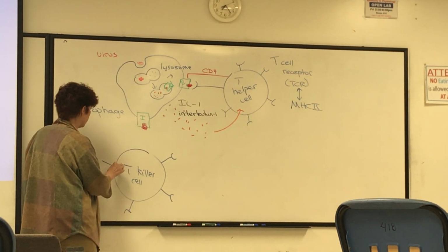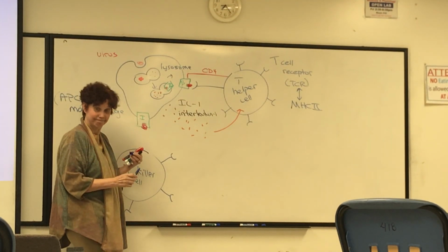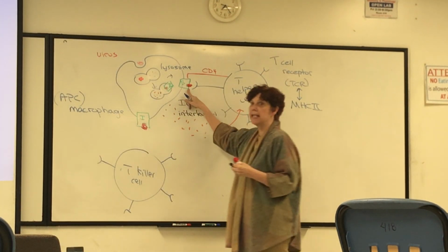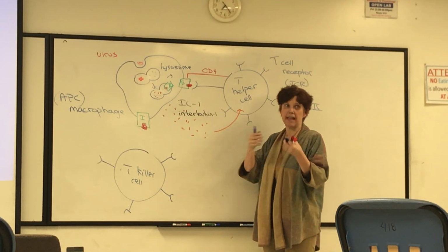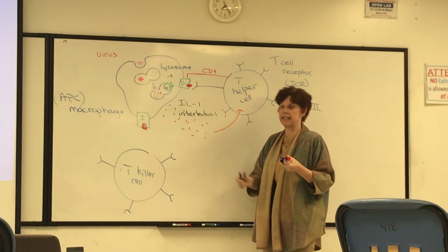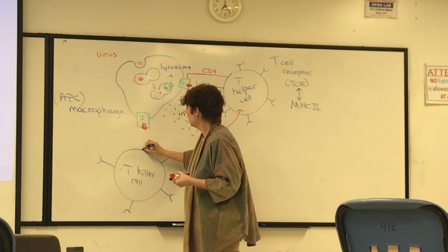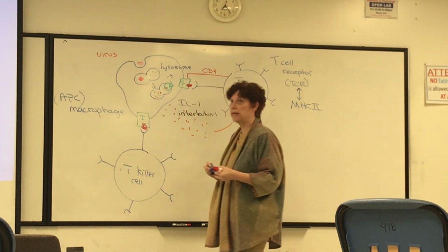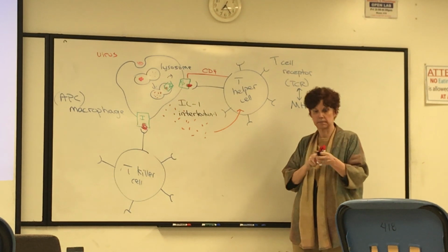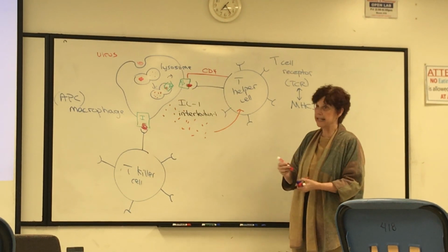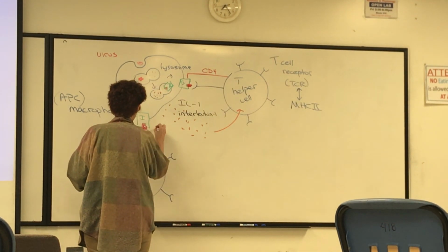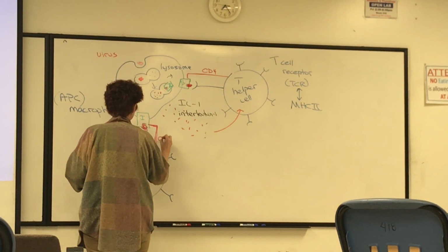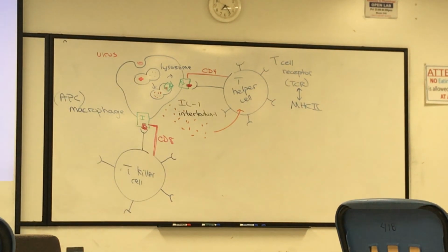And these T cell receptors, just by chance, are going to be able to bind to the same antigen as the T helper cell receptors. Okay? And that has to occur for the T helper cell to be able to activate the T killer cell. So it recognizes the same antigen, and it's stabilized, but now it's stabilized with a different molecule. It's stabilized with a CD8 molecule. So let's change to the T killer cell activation, then we'll come back to this slide in between.